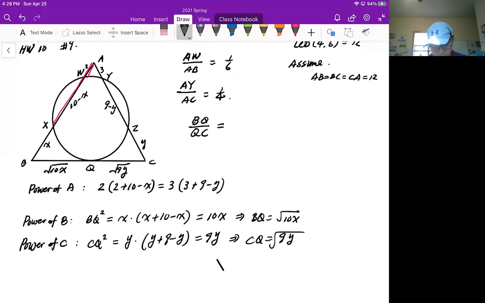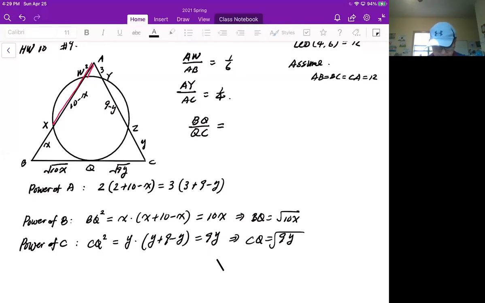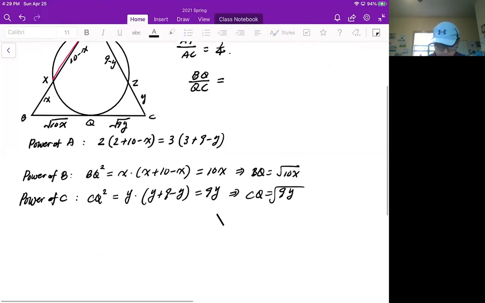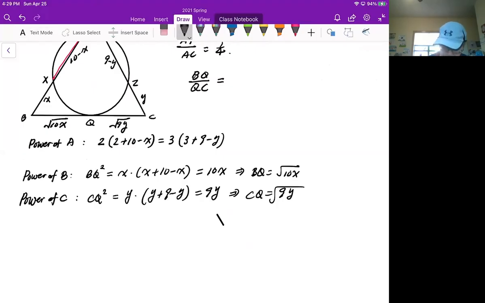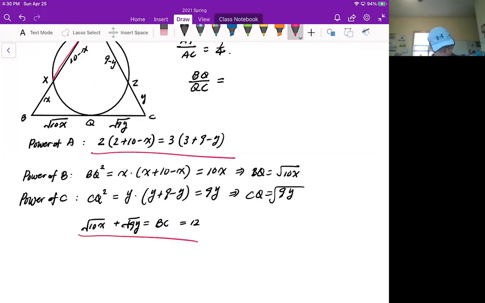So if I have one more equation, let's see the sum of that. What's the sum of this? If you have BC, from one side I know the answer is 12, but from the other side, the answer is the square root of 10x plus the square root of 9y. Okay, we got two equations. Here's one equation, here's another equation, and then I just leave the work to you.